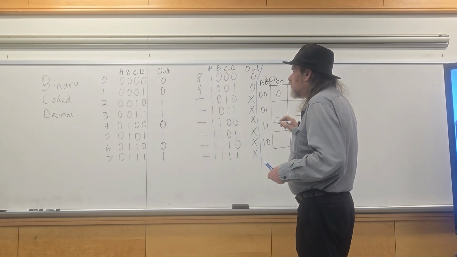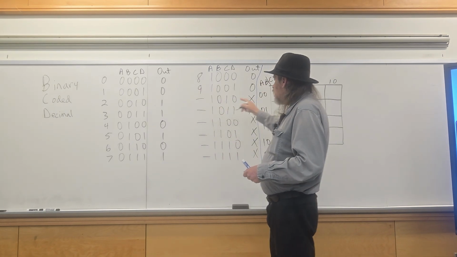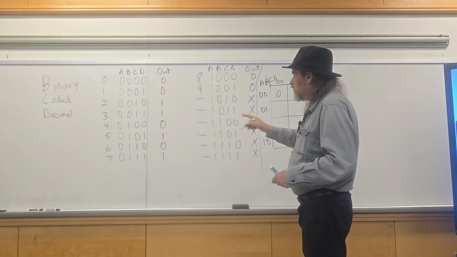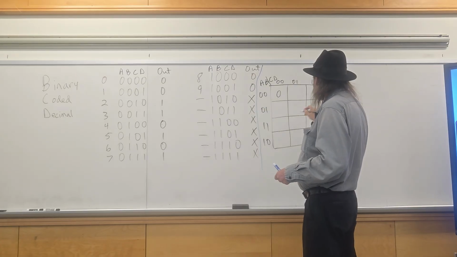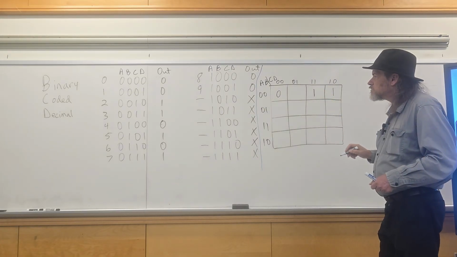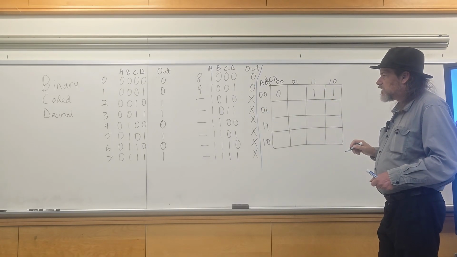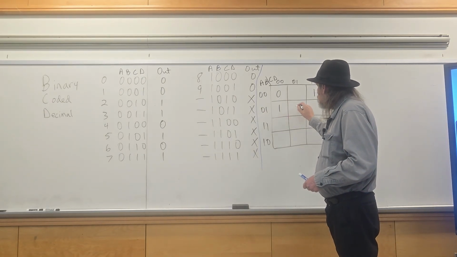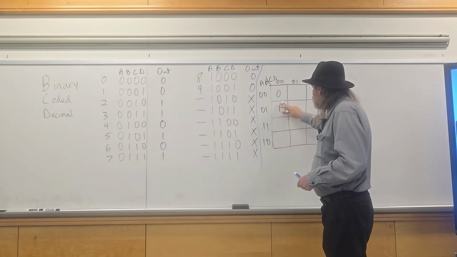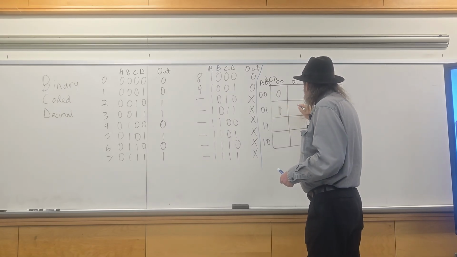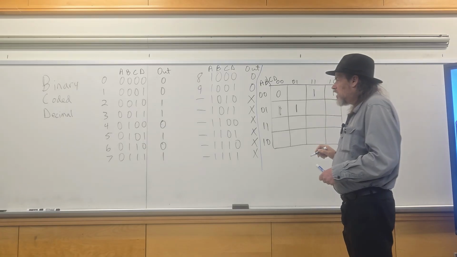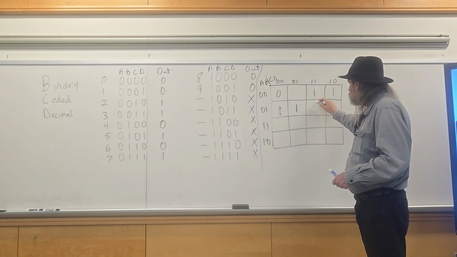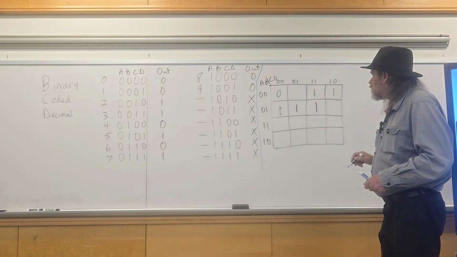Let's just do the ones. 0, 0, 1, 0 is a 1. 0, 0, 1, 1 is a 1. 0, 1, 0, 1 is a 1. No, that's a 0, 0, 0, 0. And 0, 1, 1, 1 is a 1. Okay?